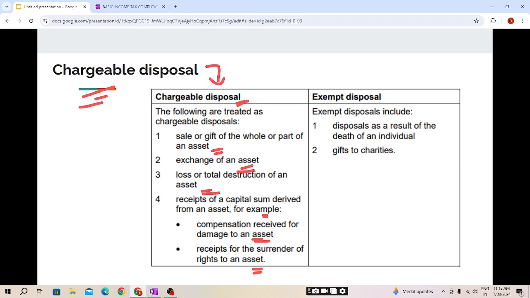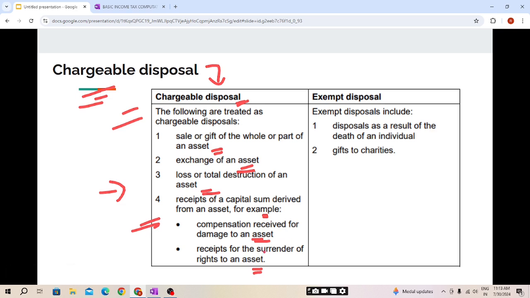So students, if we receive a capital amount, like compensation on the damage of the asset from the insurance company, as we have already insured that asset, then the amount of insurance or the compensation paid by the insurance company will be included in the chargeable disposal. The capital gains tax will arise.